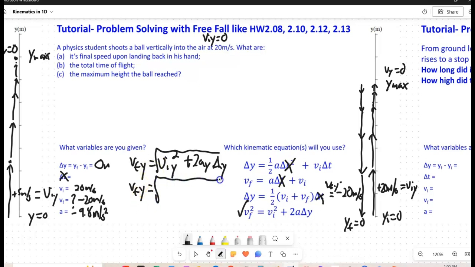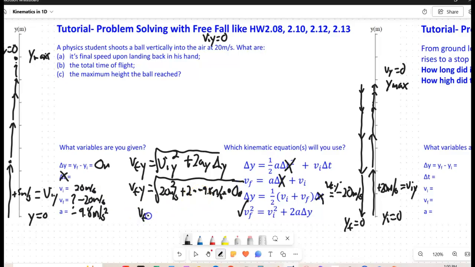So we're going to put in our numbers here. This is going to be 20 meters per second that we're going to square, plus 2 times negative 9.8 meters per second squared times 0 meters.